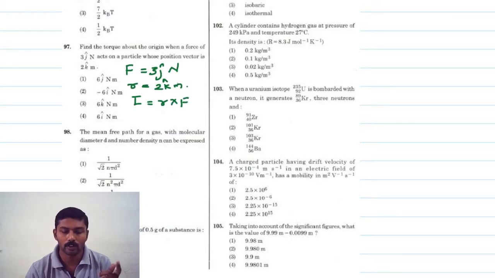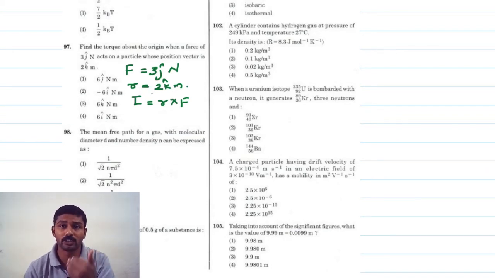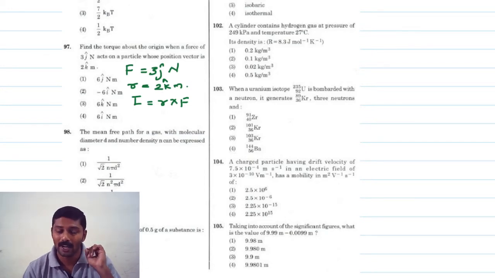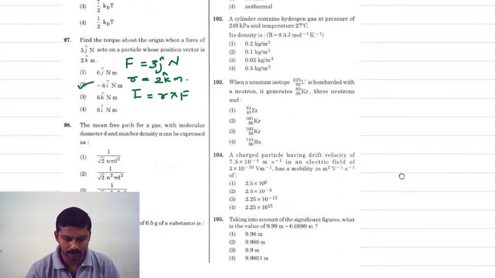Here K vector is coming for R and J vector is coming for F. If you take the cross product of K cross J, you will get minus I. If it is opposite, J cross K, it will be plus I, but here it is minus I. So what is the final answer? 3 into 2 is 6, so 6 of minus I. That means the second option is the right option.